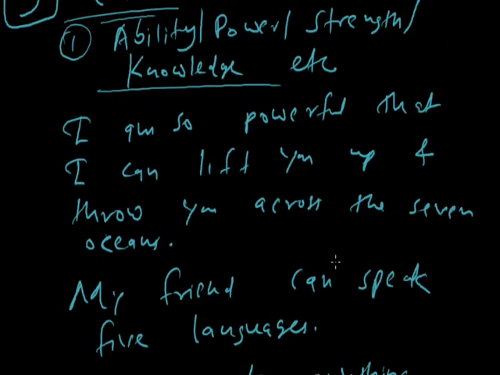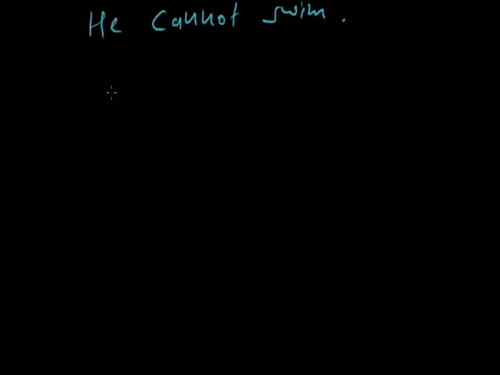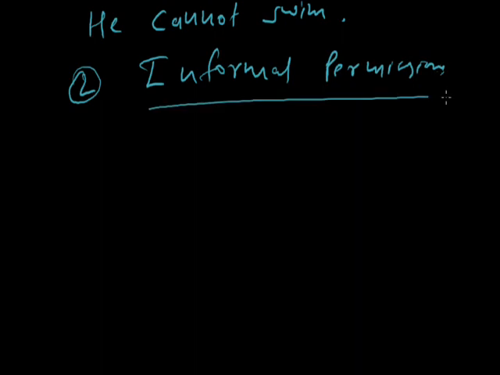This was the first use of can, and the second use of can is to ask for and give informal permissions. Which model do we use for formal permissions, guys? May I come in? But if you're at your home and you want to go into your mom's room, you say, can I come in, mom?